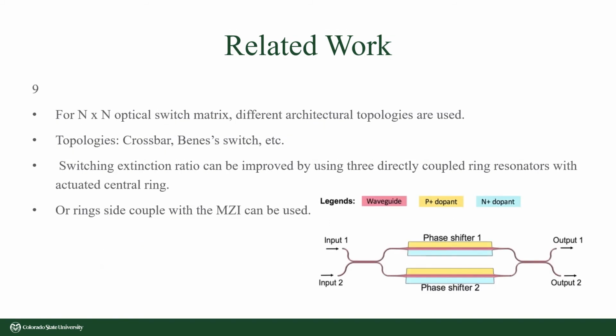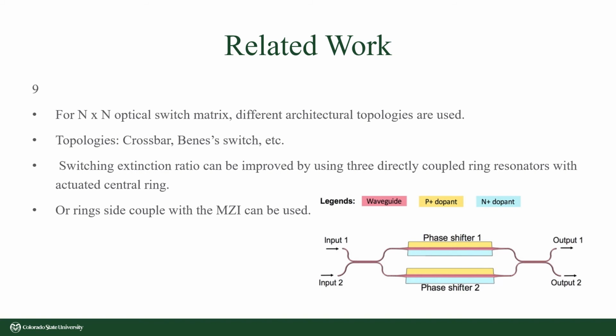To design a large-scale N-cross-N optical switch matrix, different architectural topologies like crossbar and Venice switch can be used. To improve switching extinction ratio in large-scale switches, three directly coupled ring resonators with an actuated central ring can be used, or rings side coupled with the MZI can be used.